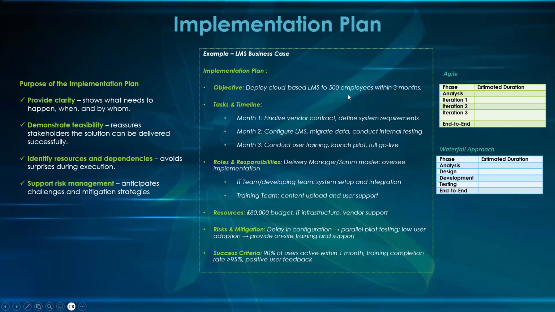How many people are going to be using the cloud-based LMS? 500 employees. So that's what you want to deploy within 3 months. You could say deploy cloud-based LMS to 500 employees within 3 months. So you can see that as an objective. Again, is that objective SMART?